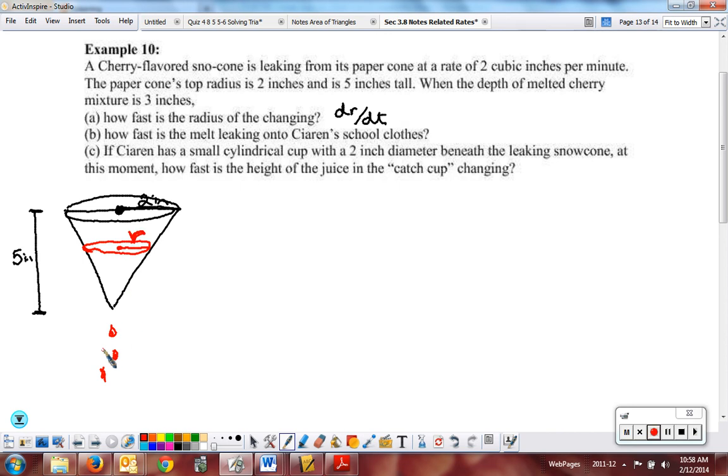Yes. Okay. What else is changing on this? The height or depth, what do we want to call it? Let's call it D for depth. That is changing. So I make those variables, because that's leaking out. The snow cone shape of the paper is not changing. The stuff inside is changing, leaking out. All right, so I have my picture.